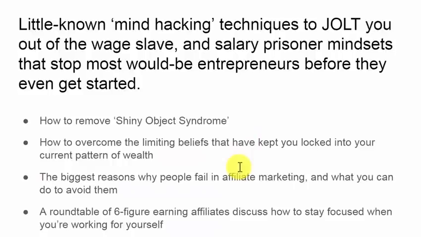You're going to also see the biggest reasons why people fail in affiliate marketing and what you can do to avoid them. One of the videos in the course is a round table of 6-figure earning affiliates discussing how to stay focused and how to get out of that trap of shiny object syndrome.